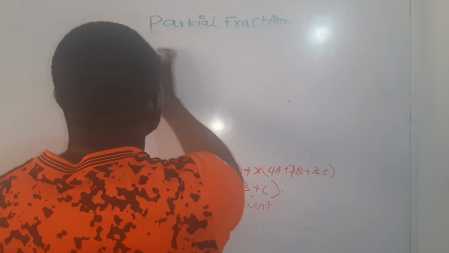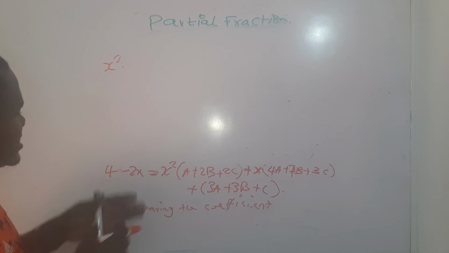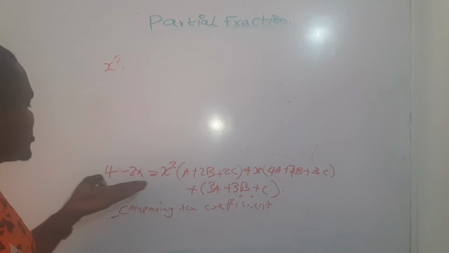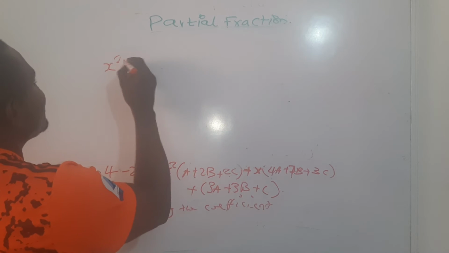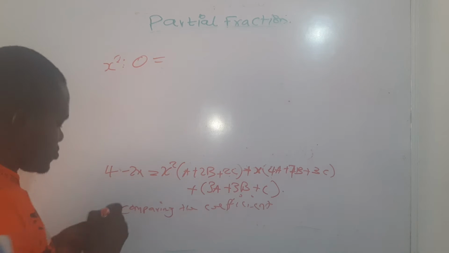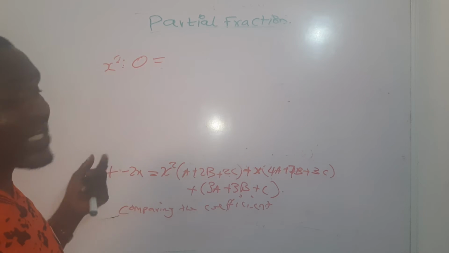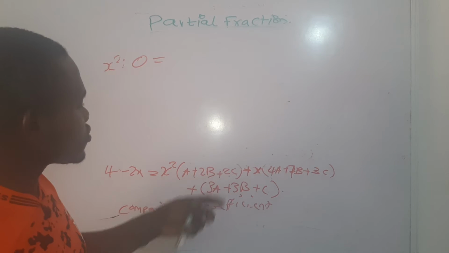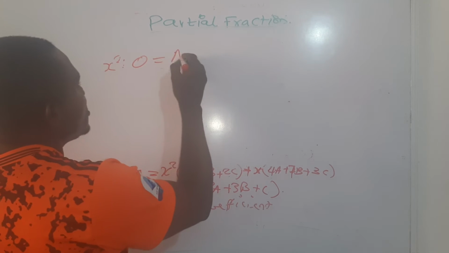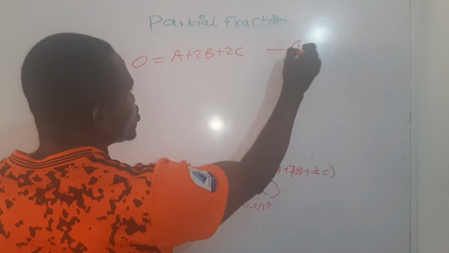On the left hand side, there's nothing like s squared, so we have 0 equals to, on the right hand side, the coefficient of s squared, which is a plus 2b plus 2c. You can call this one equation 1.